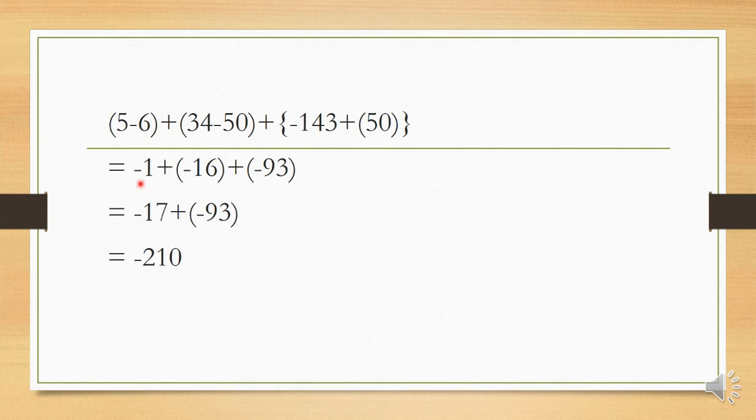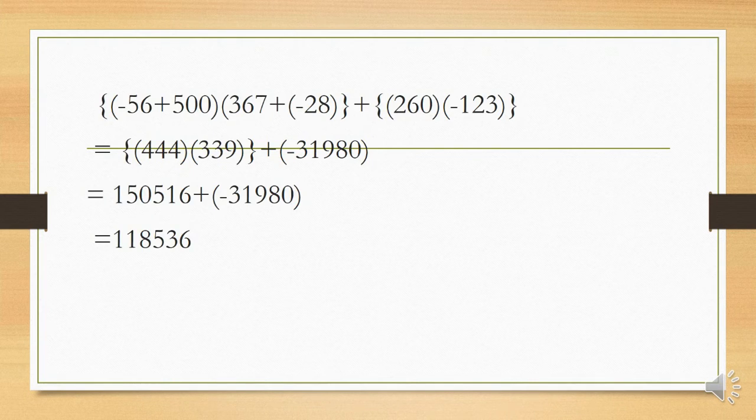Negative 1 plus negative 16 equals negative 17. Then plus negative 93. We add negative 17 plus negative 93 since they have the same sign. Negative 17 plus negative 93 equals negative 110.